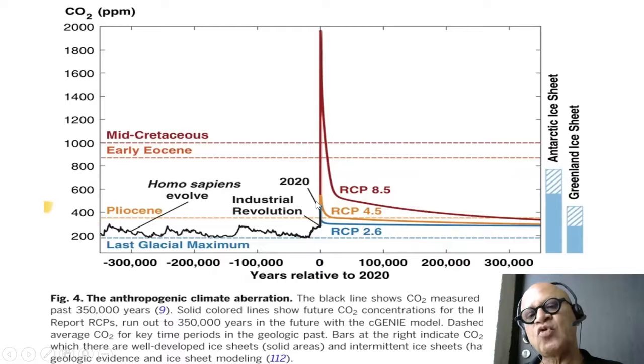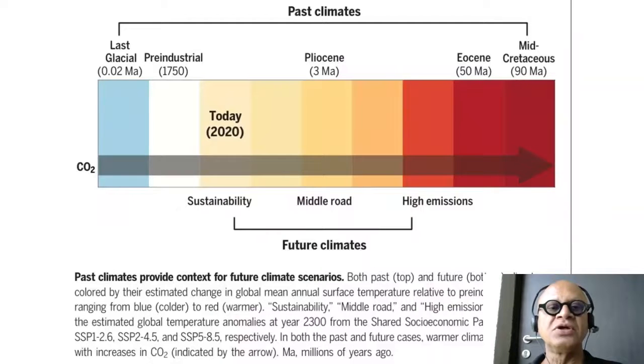So RCP 4.5 and 2.6 keep us in a more realistic range. So the disappearance of the Antarctic ice sheet and Greenland ice sheet would occur once we hit certain levels. So Greenland is already teetering because its melting is accelerating, and there are fascinating processes of why it's accelerating, which we didn't go into in great depth.